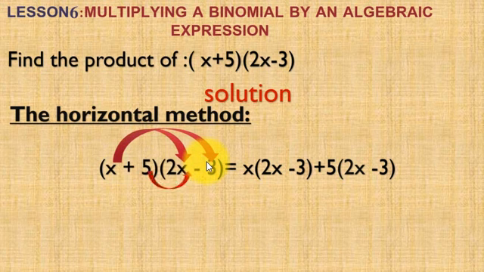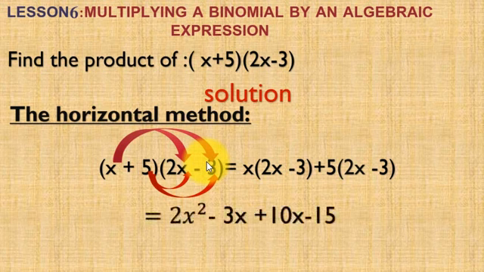After that we multiply the second term by the first term to get plus 10x. Then multiply the second term by the second term, 5 times negative 3, to get negative 15. So the result is 2x power 2, negative 3x, positive 10x, minus 15.